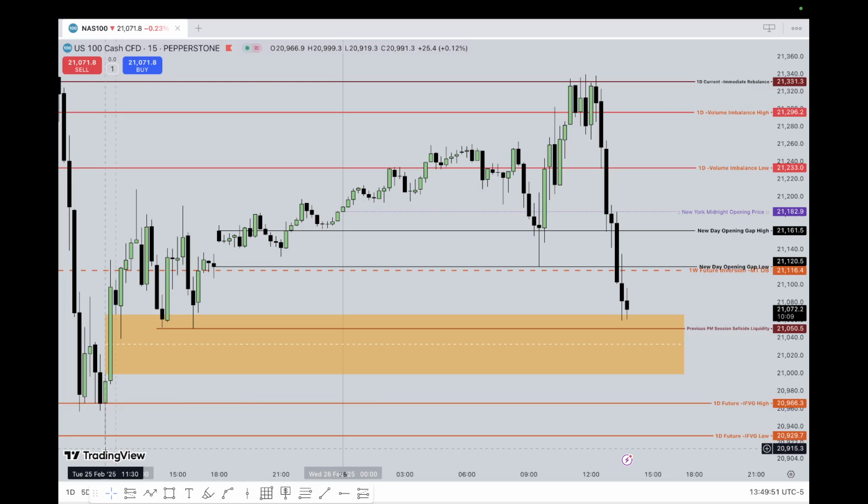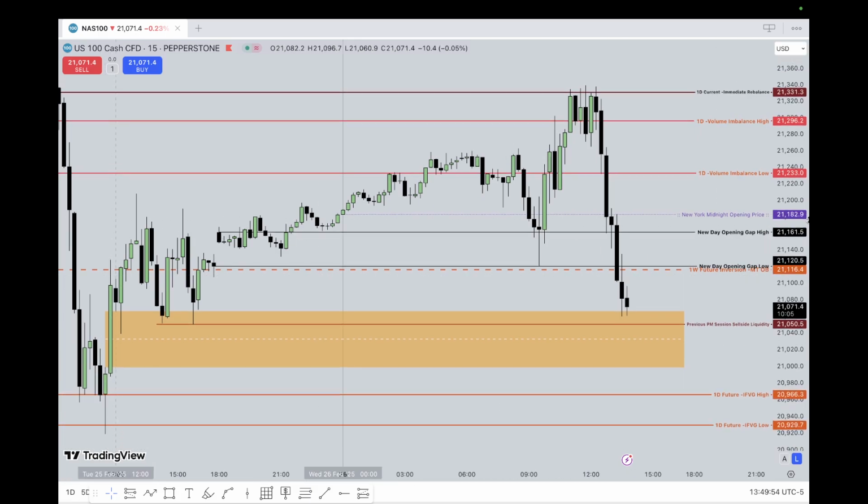So sell side below this low, and if we take this, we're going to take it with speed.